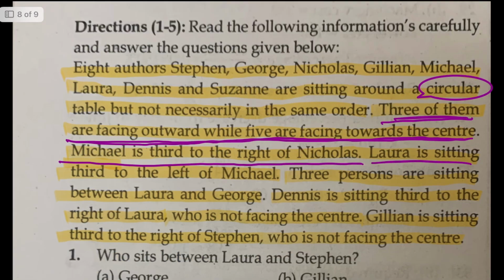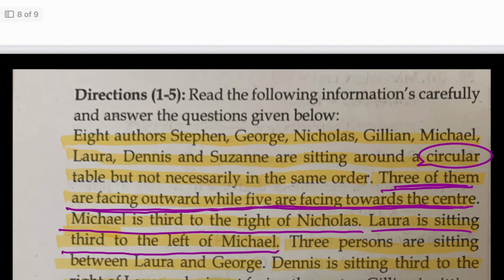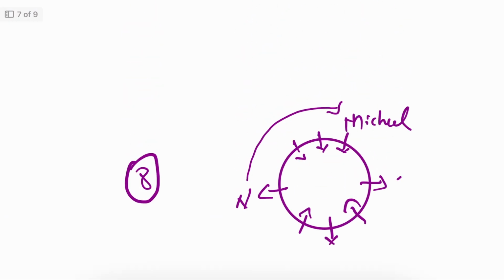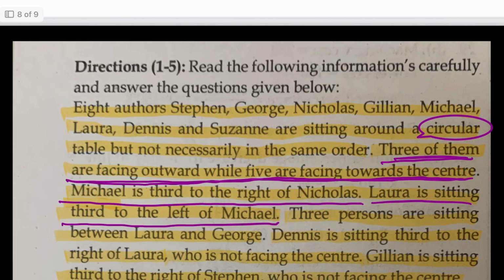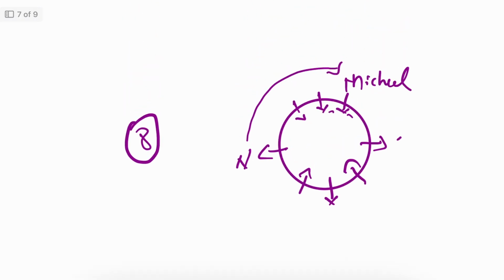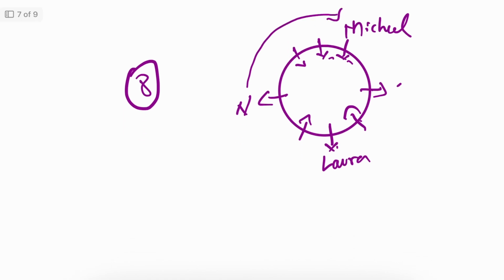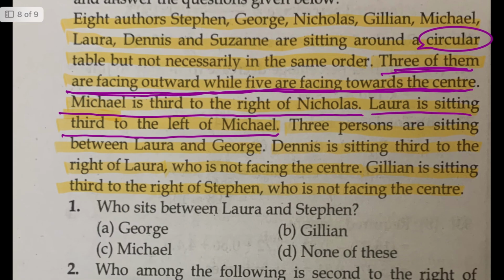Then Laura is sitting third to the left of Michael. So Michael is facing inward, so the right will be this side, left will be this side. So from the third to the left, 1, 2, 3. So Laura will be sitting here. Then 3 people are sitting between Laura and George.